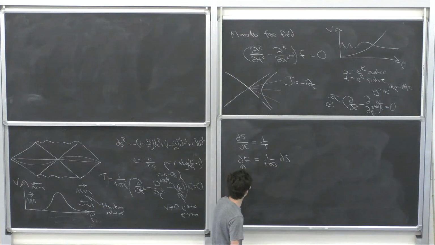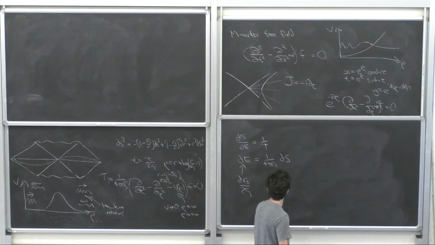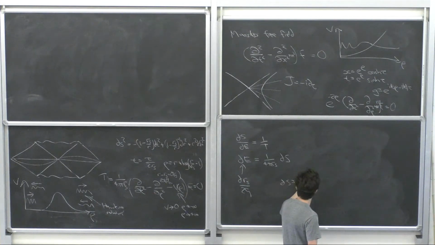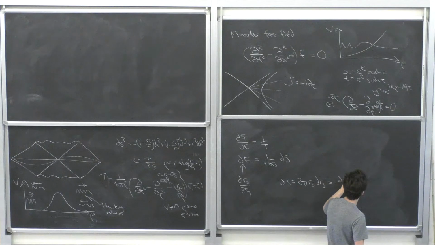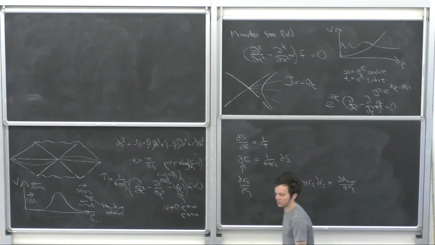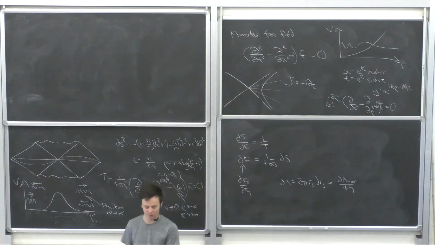So dE is dRs over 2G. Quick rearranging gives us dS equals 2 pi Rs dRs equals dA horizon over 4G.